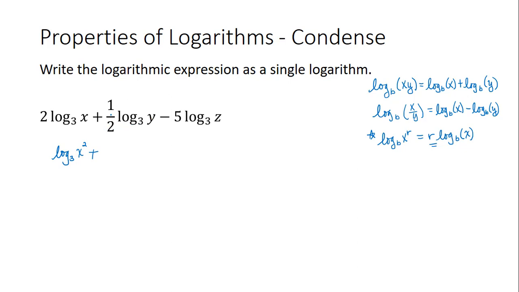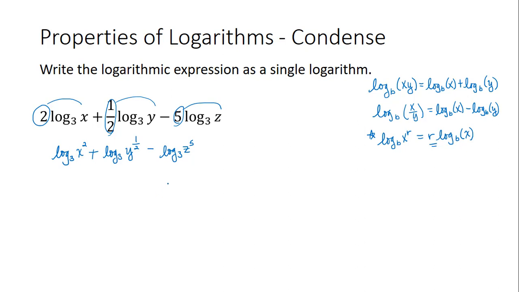We can bring this exponent up to write that as log to the base 3 of y to the 1/2 minus log to the base 3 of z to the 5. So notice that the coefficient of each of those log expressions became the exponent of the argument of the log.